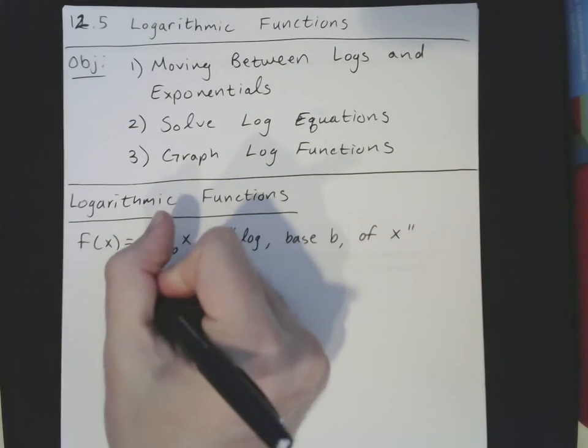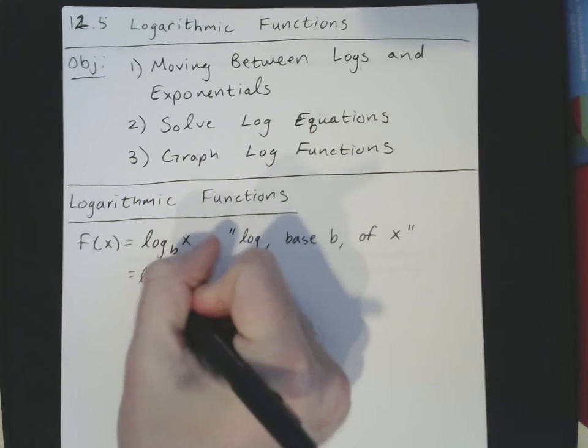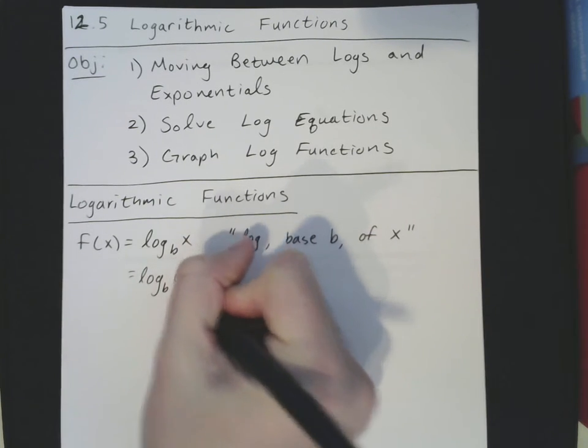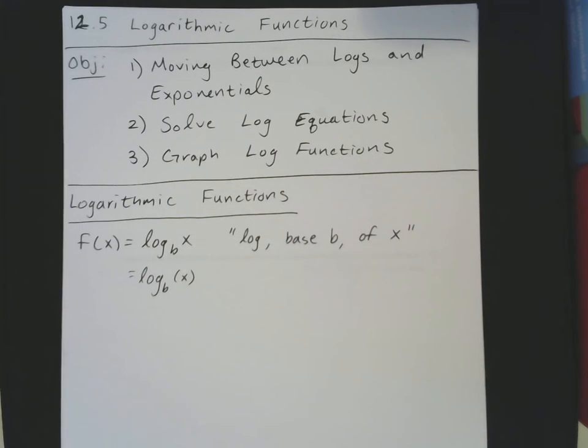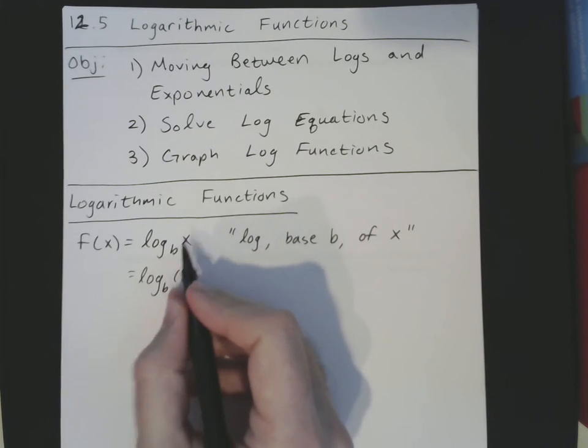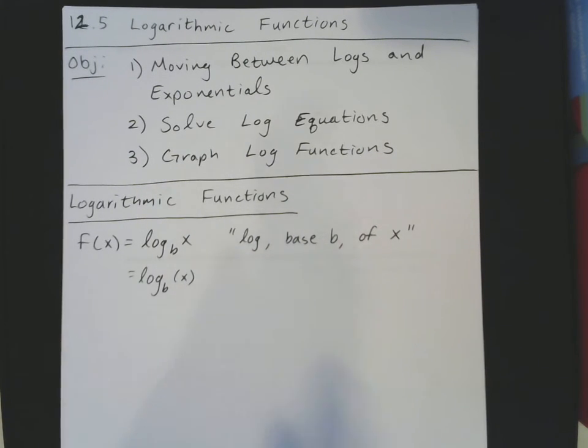So a lot of times you'll see this written as log base b of x, like this, in parentheses. We tend to drop the parentheses unless it's a multiple term, like a binomial or trinomial in that argument, which we'll see. But the b is a subscript. It's not a full number, so this isn't b to the x. It's log base b of x, the whole thing.